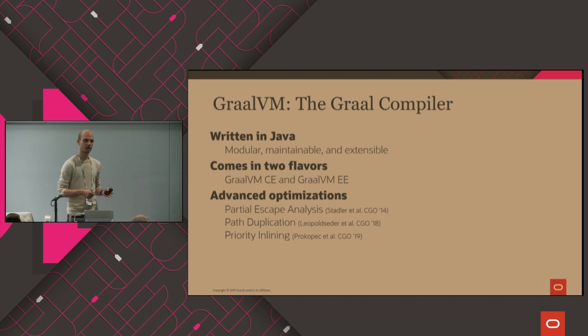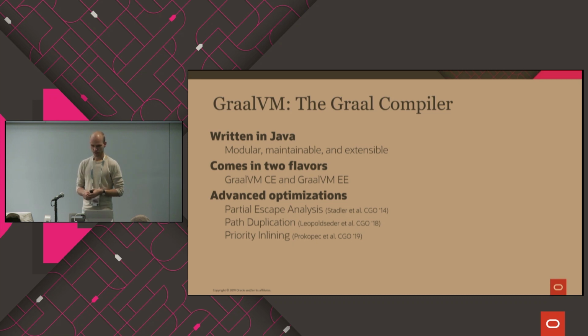It being written in Java had the advantage that we could make it more modular, more easily extensible and maintainable than especially older just-in-time compilers that have grown over the years and had outgrown their potential to be extended, including just-in-time compilers for HotSpot.